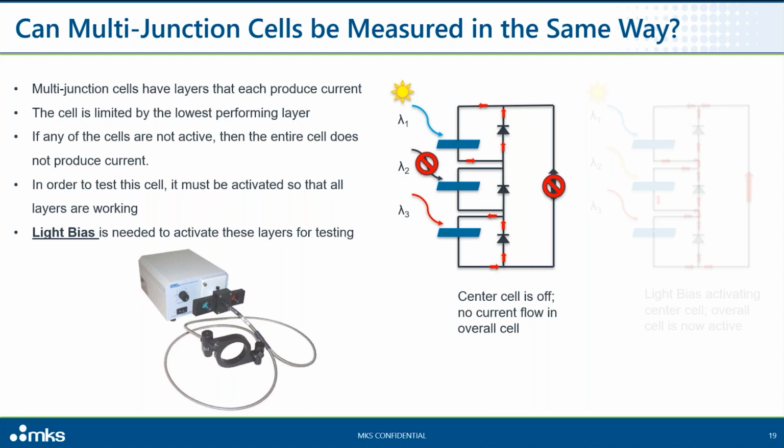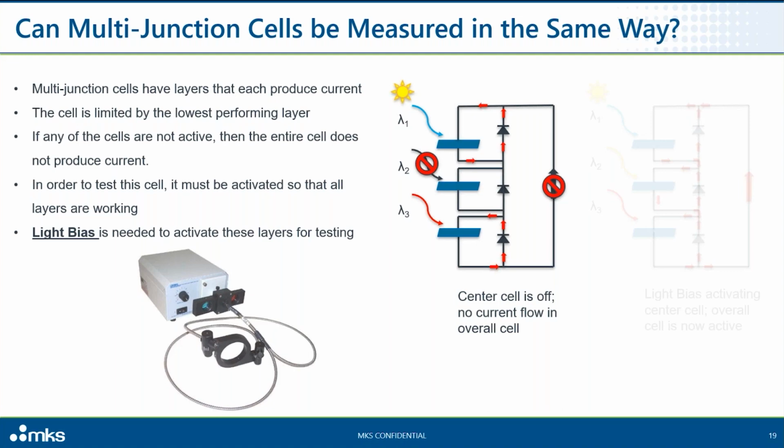Yes and no. Yes, you can do this as long as all the layers within the cell are active. Most of the multi-junction cells, as shown in this first picture, are connected in a series electrical format, which means that if any one of those layers in the multi-junction cell is off or not getting energy to activate it, the entire cell's off.